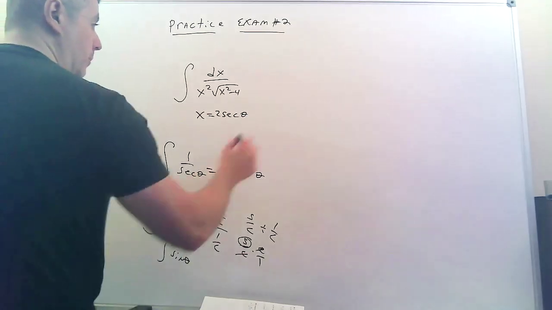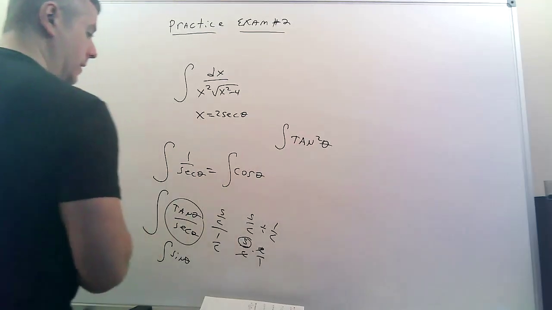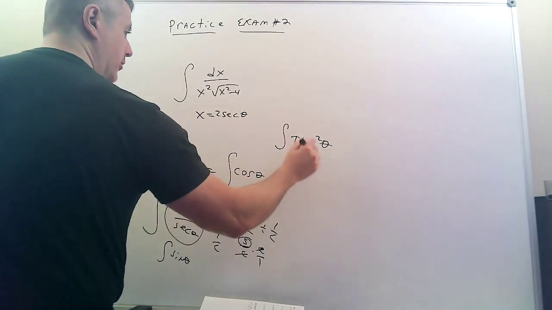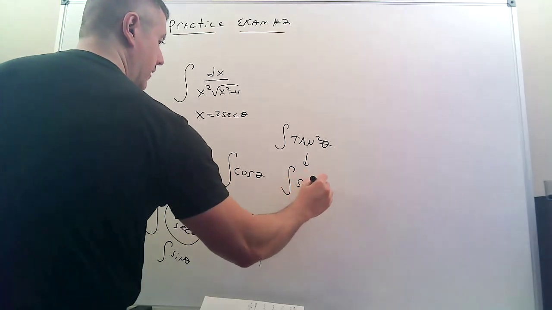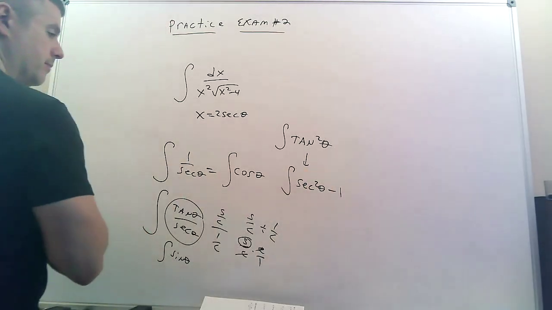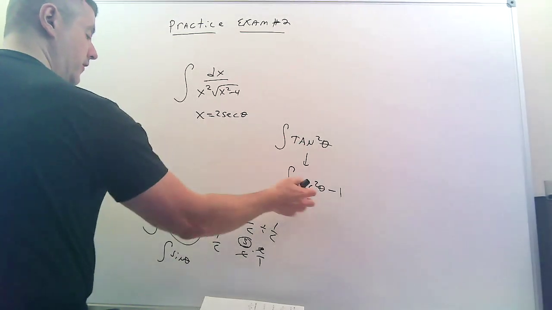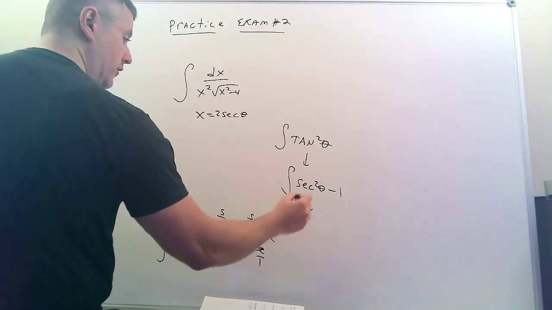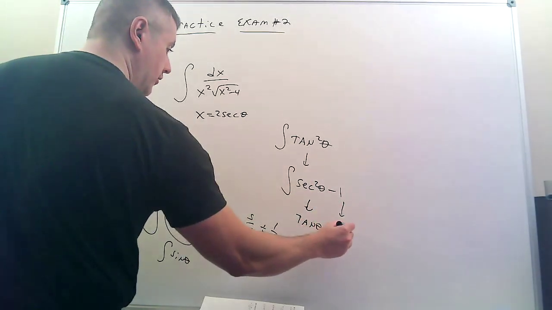Now, you might end up with something like this, and you're like, but we don't know how to do that one. You absolutely do. You use the identity for tan squared. Like if you ended up with something like this, you just put this there. The integral of secant squared is tan. The integral of 1 is just theta.